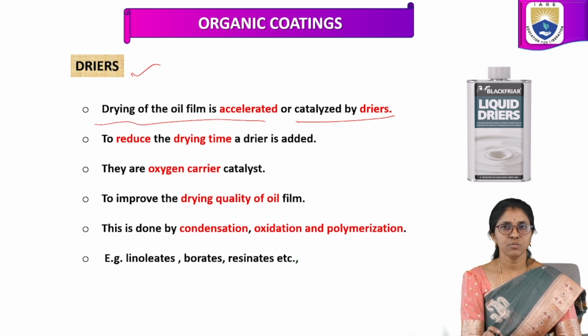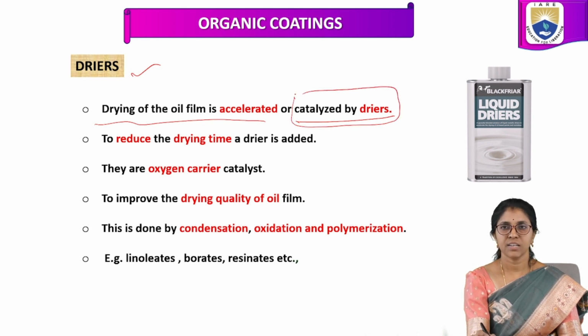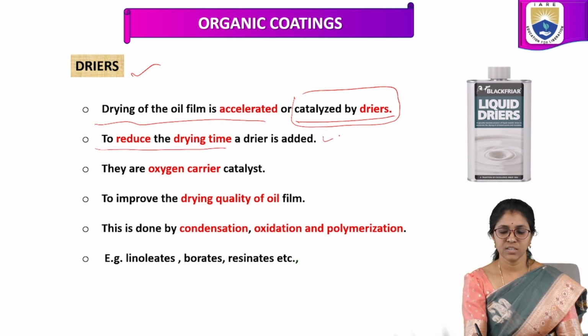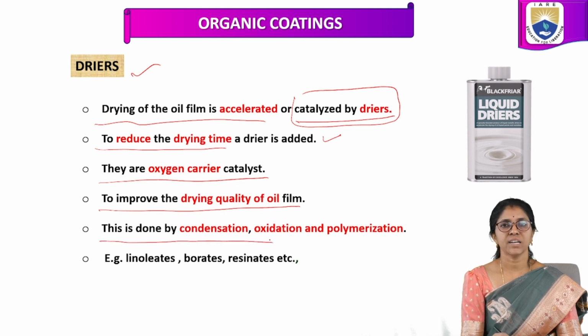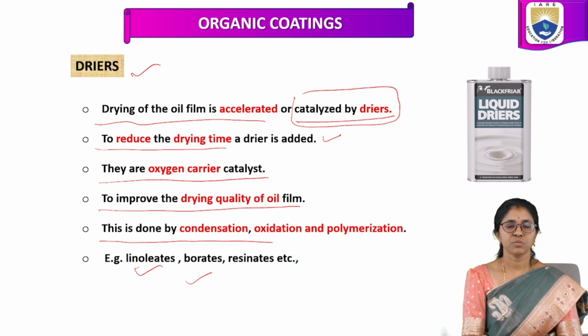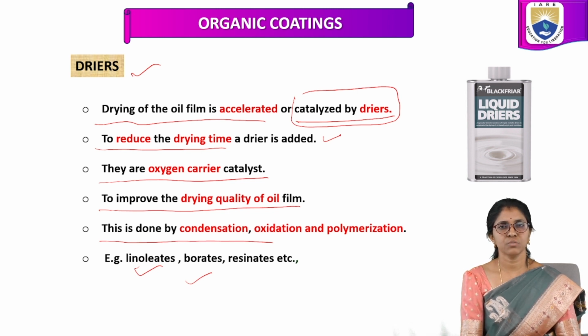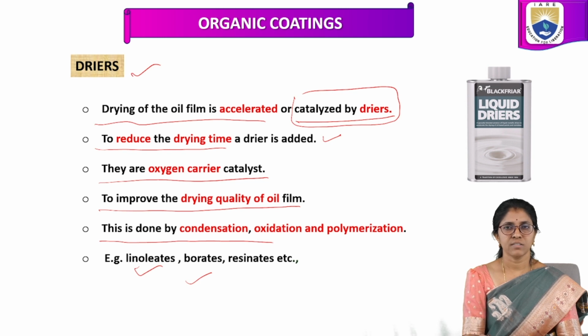To reduce the drying time of the paint, the dryer is added. They are oxygen carrier catalysts that improve the drying quality of the oil film through condensation, oxidation, and polymerization. Examples of dryers are linoleates, borates, and resinates, used to reduce the drying time of the paint.